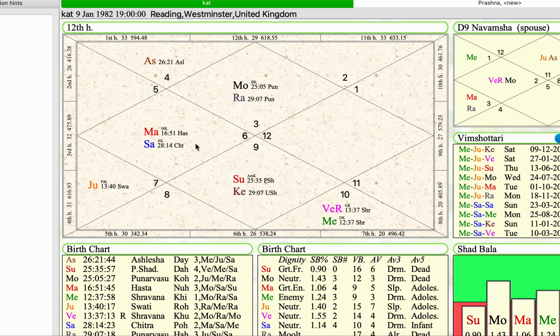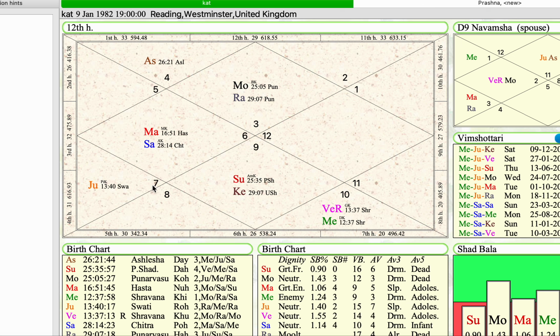And if in that case it is in the 6th, 8th, 12th or 2nd, then that Mercury in its dasha may give a difficult or stressful period.